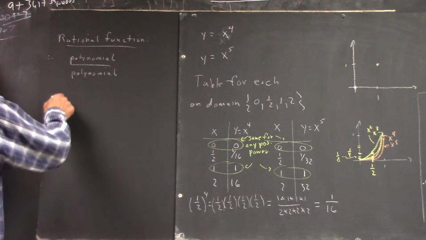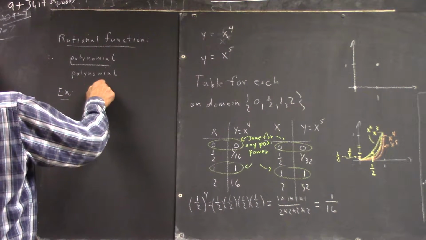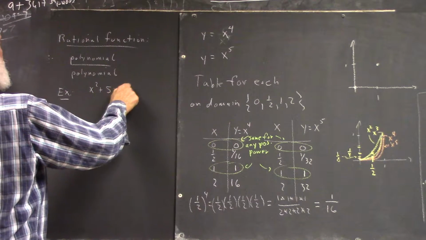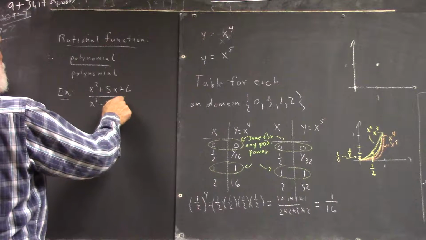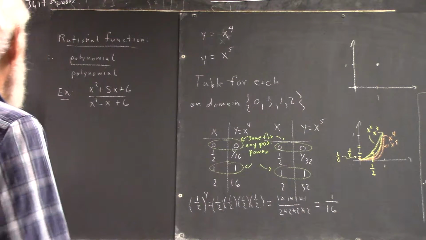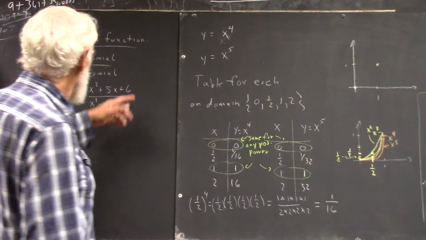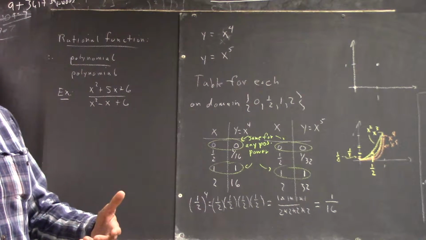And there are examples. There's a polynomial divided by a polynomial. Okay? They're quadratic polynomials, okay? And most of the rational functions we're going to look at involve linear or quadratic polynomials, okay?